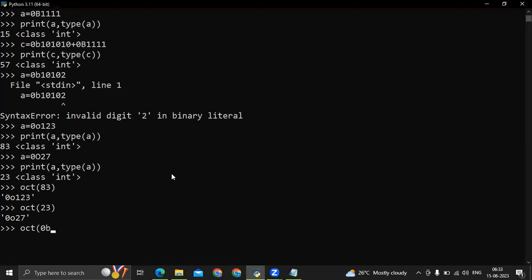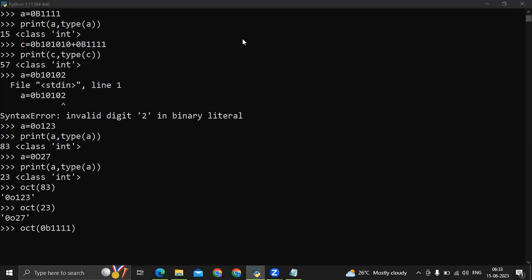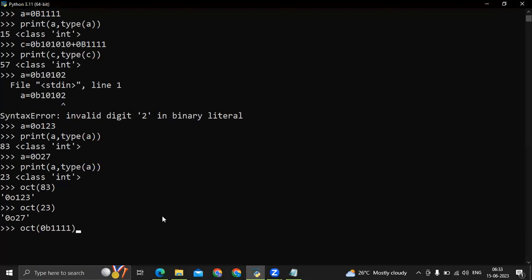Okay. Now let's talk about it. Oct of 0b1111. What does that mean? Let's see. It has converted the binary number into the octal number system.